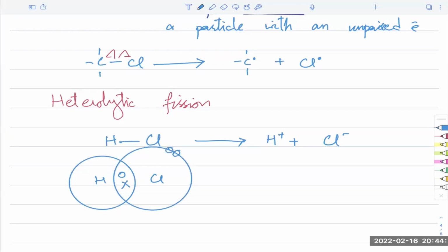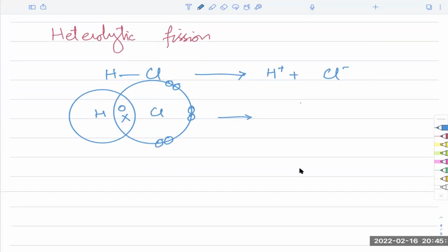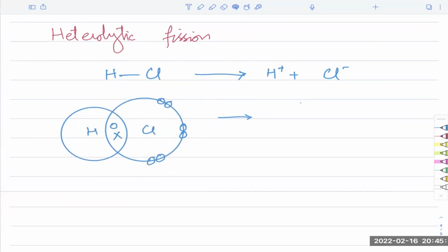Of course, there are other electrons on chlorine. Now, when this breaks down, water does something to it, obviously because of its hydrogen bond. Water makes the hydrogen lose its original electron. That original electron is also left to the chlorine. And what happens? Chlorine gets both the electrons.